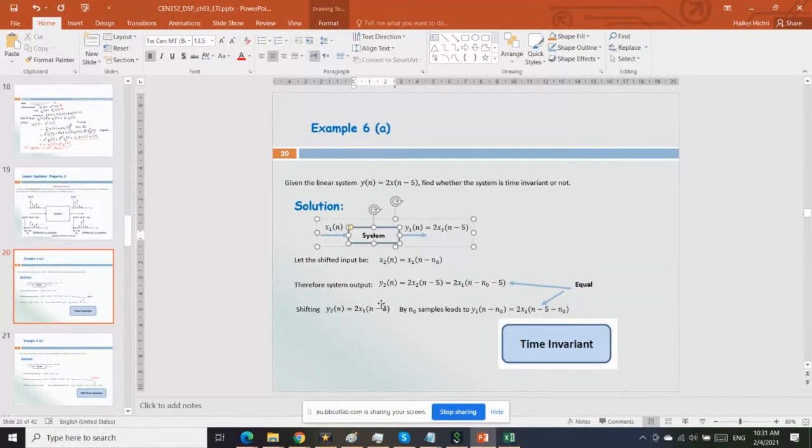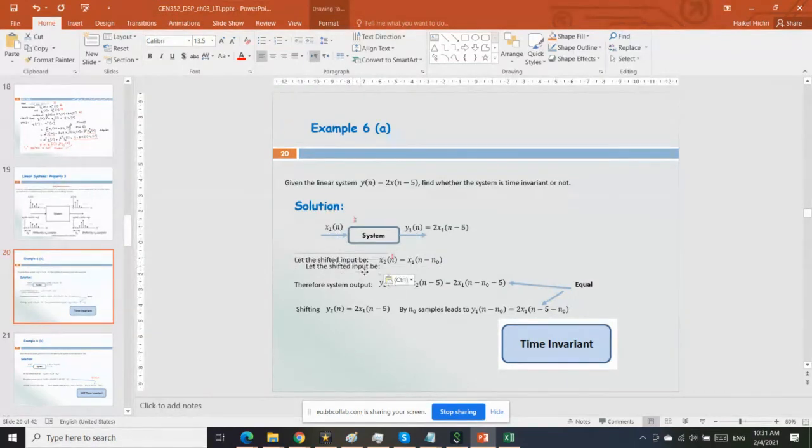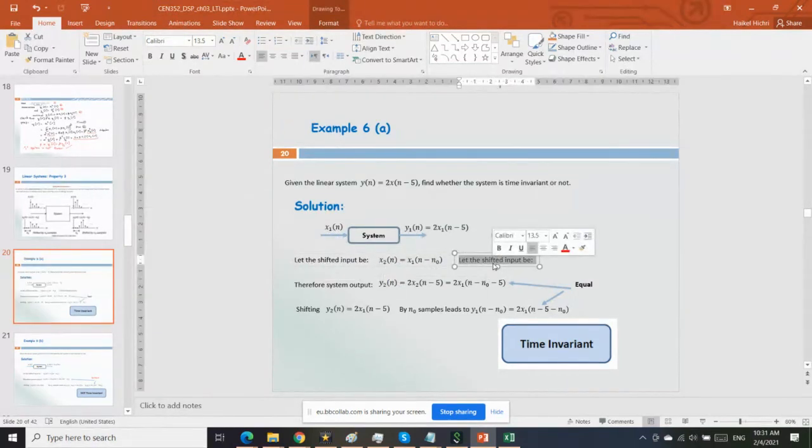So we check that the output y2 of x2 is a shifted version of y1.